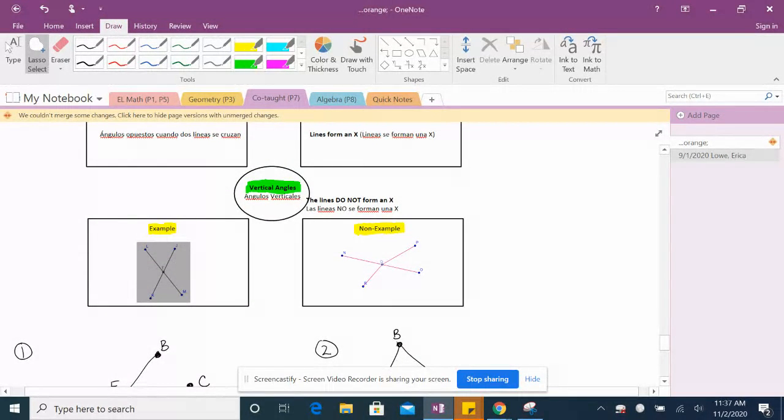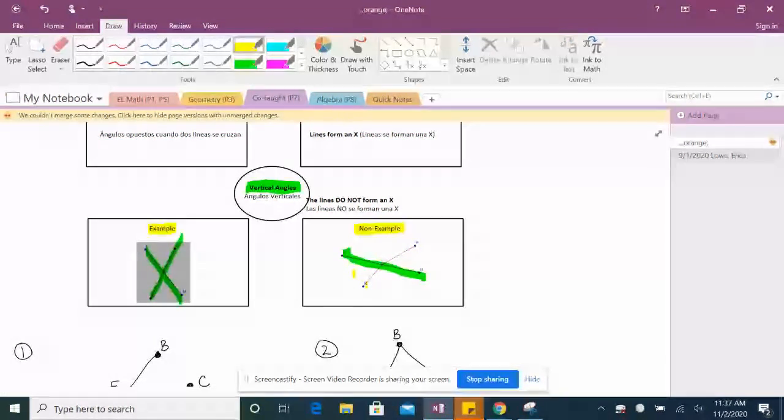Here is an example. These lines form an X. Aquí tenemos un ejemplo. Esas líneas forman una X. Here is not an example. Aquí no hay un ejemplo para ángulos verticales because the lines do not form an X. Las líneas no se forman una X porque, mire, look, we have a line that goes like this.